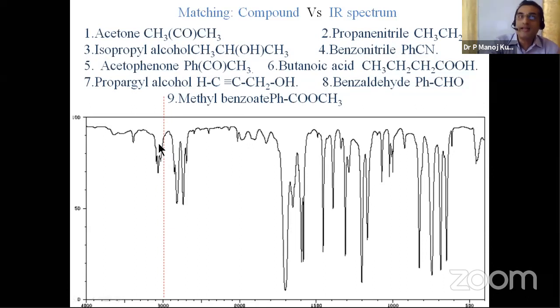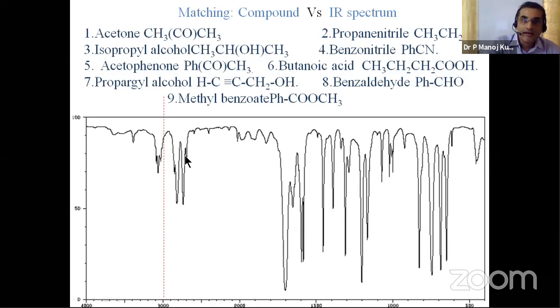So we can neglect all those compounds that are only aliphatic or only aromatic. Acetone you can rule out, isopropyl alcohol you can rule out, propargyl alcohol you can rule out. Acetophenone, yes, you can keep in mind, methyl benzoate, then benzaldehyde. You have to take into account only those compounds with both aliphatic and aromatic portions.